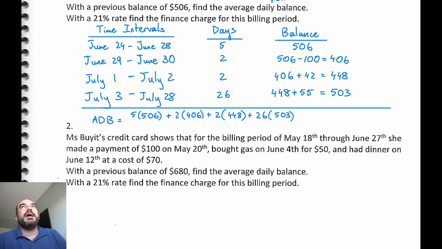What this product is doing is saying on the first day you owe 506, on the second day you owe 506, third day, fourth day, fifth day you owe 506. We're adding those together, right? We're getting a total amount owed for the whole month, and then we're going to divide that by the number of days in our billing cycle.